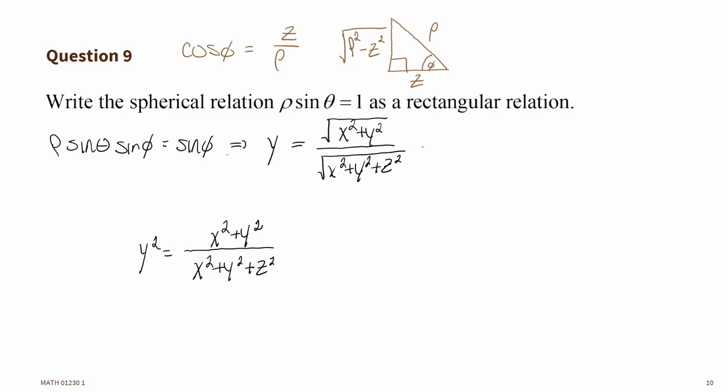Actually, this one would probably be better because this specifies that y has to be positive. Right, because you're getting square roots, which is always positive. Whereas this doesn't necessarily specify that y has to be positive. So this one might be the best option.